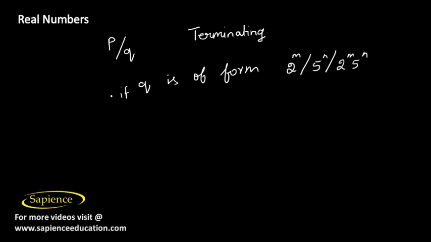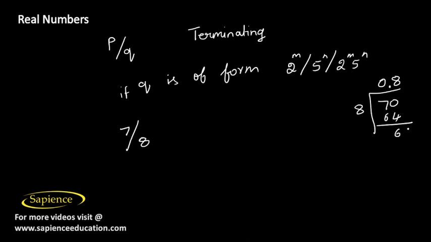So for example, let us take number 7 for p, and for q let us take 8, and let's try to find the decimal value of this. Dividing 7, we add a decimal point and make it 70. 8 5s are 40, 8 6s are 48, 8 7s are 56, 8 8s are 64.